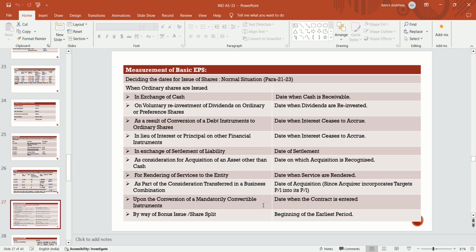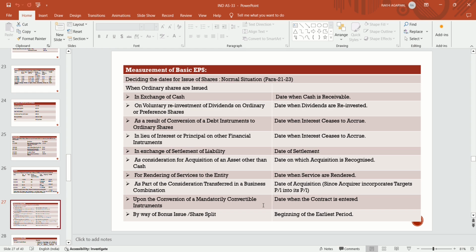The employee stock option case: if employees give their services to the entity and the entity issues ESOPs in exchange, the date is when services are rendered.